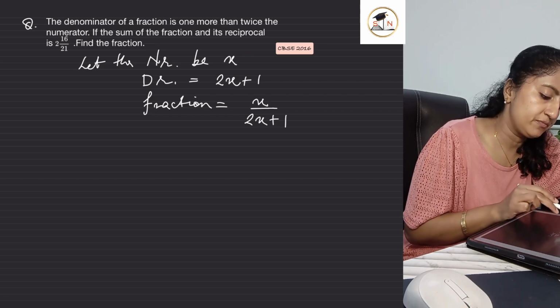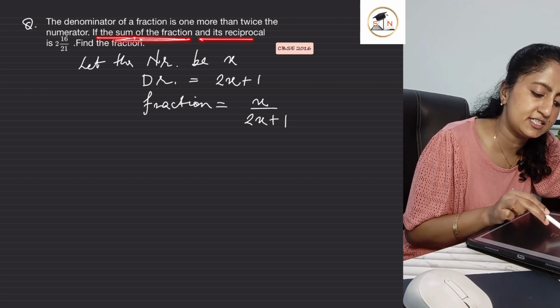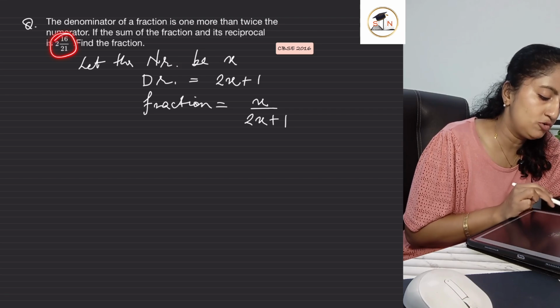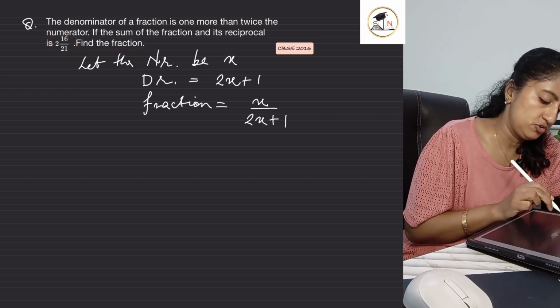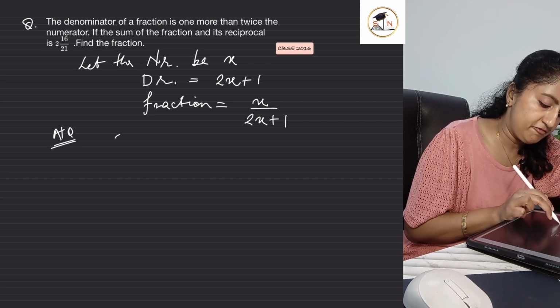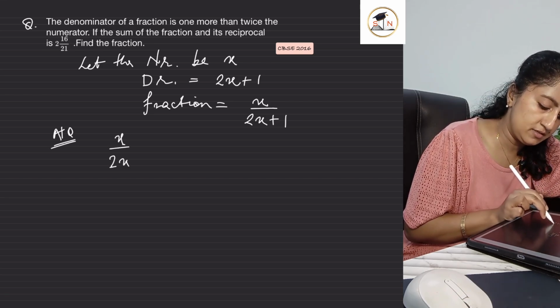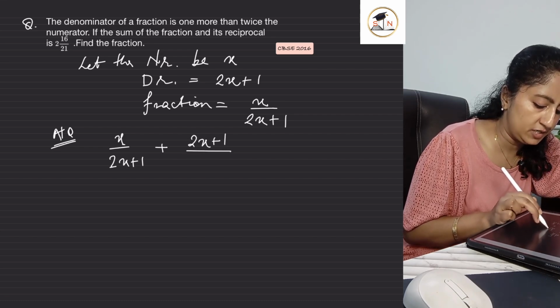Now, according to the question, if the sum of the fraction and its reciprocal is 2 16 by 21, find the fraction. So, according to the question, fraction is x over 2x plus 1. The reciprocal is 2x plus 1 divided by x.